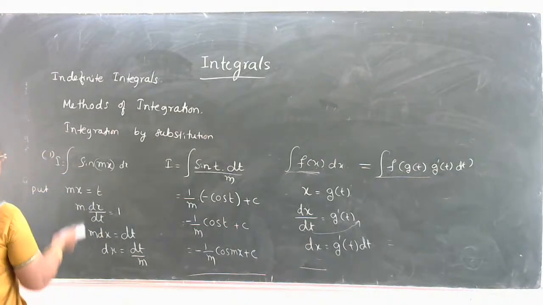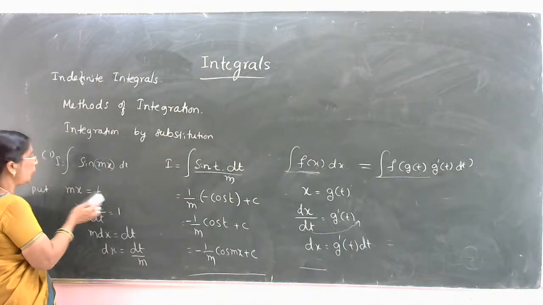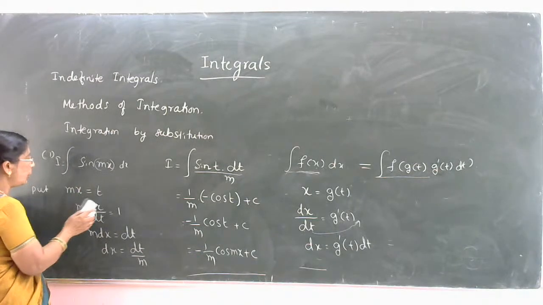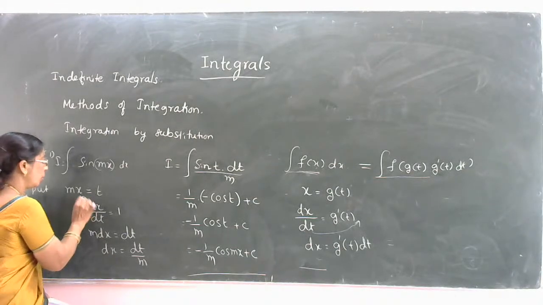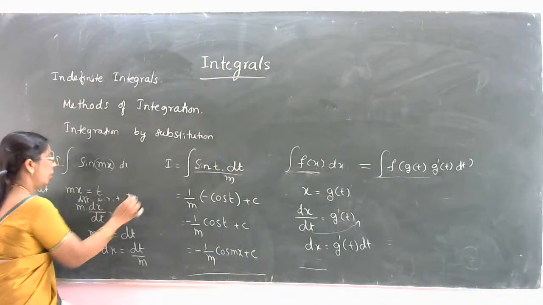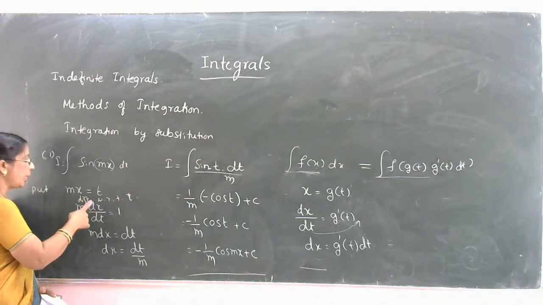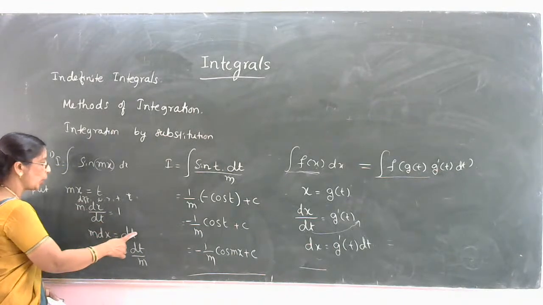Here, first we put mx is equal to t. Then m into dx by dt, differentiating with respect to t, we get m into dx by dt is equal to 1. M into dx is equal to dt.